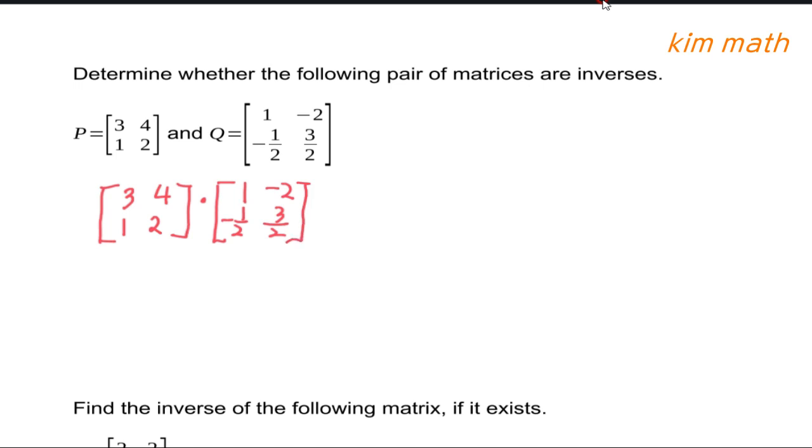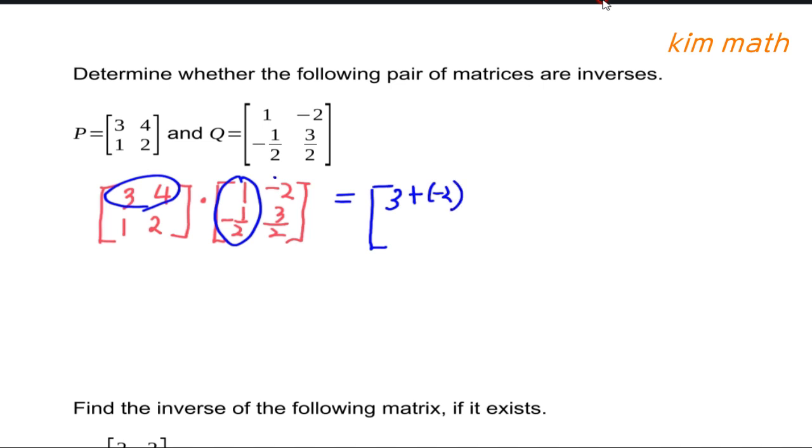First, this one, 3 times 1 plus 4 times negative 1 half, which is negative 2, right?